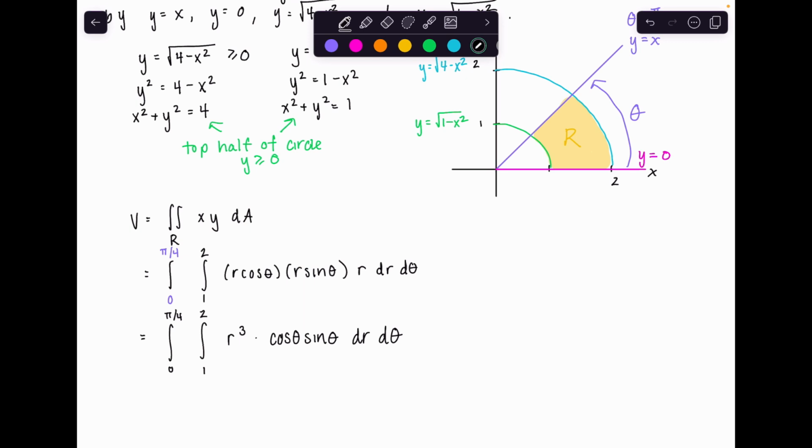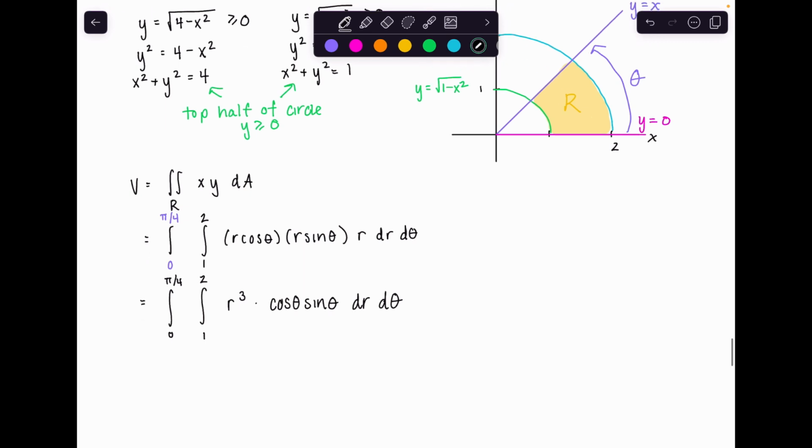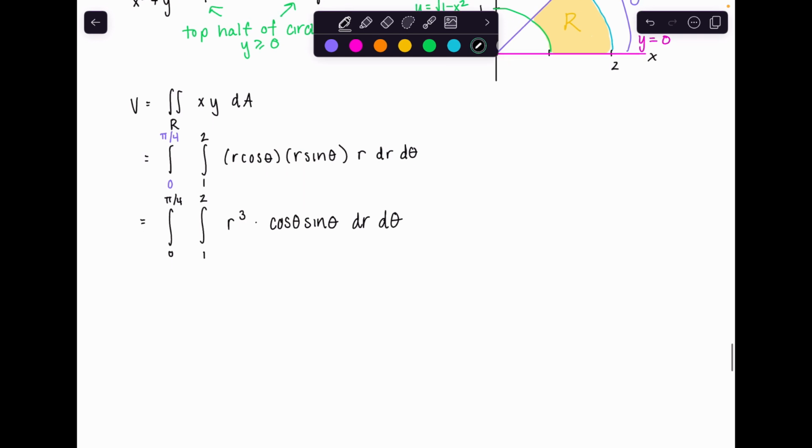So what I can do is break this into two separate integrals. So we've really got the integral from 0 to pi over 4 of cosine of theta sine of theta d theta, and then we've got the integral from 1 to 2 of r cubed dr.